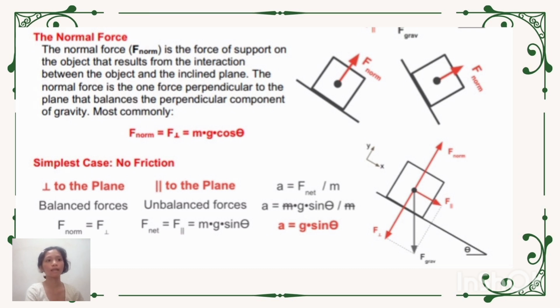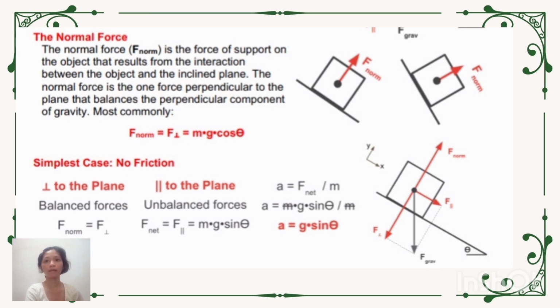So the simplest case is no friction. For the simplest case, we assume that there is no friction. For the force perpendicular to the plane, the forces are balanced because the normal force pushes against the perpendicular component of gravity.